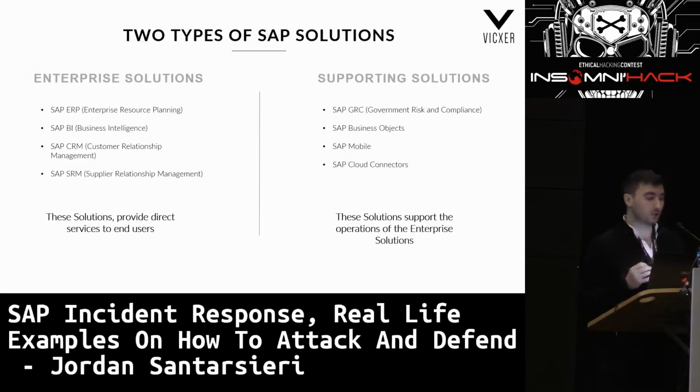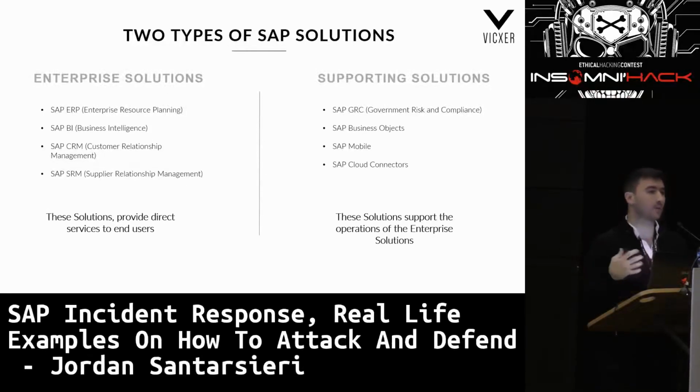Examples of these enterprise solutions, the main one, the SAP ERP, maybe you have heard about it, or enterprise resource planning. If your company only bought one SAP system, they have the ERP. It's the core of the SAP infrastructure. In the ERP, it's very common to find credit cards, HR information, materials, formulas, etc. Then you have other types of solutions that are very common and very popular.